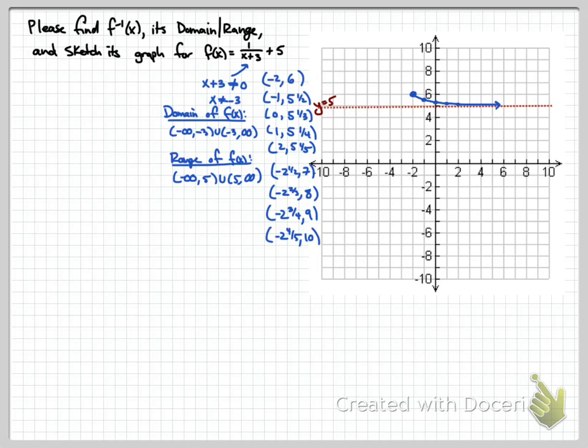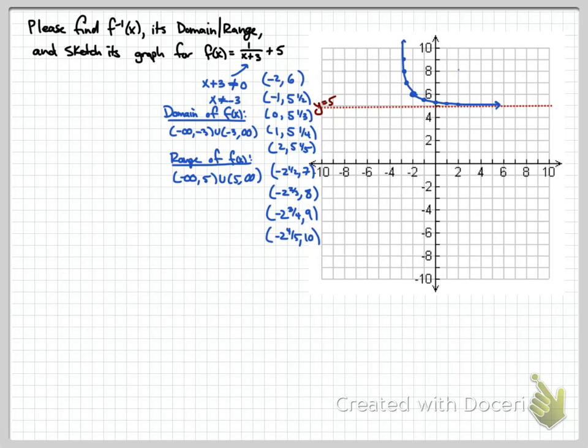So I'm going to graph these. Here's -2.5, comma 7; -2 and 2/3, comma 8; -2 and 3/4, comma 9. And so, as our x values get really close to -3, our y values become infinitely large.